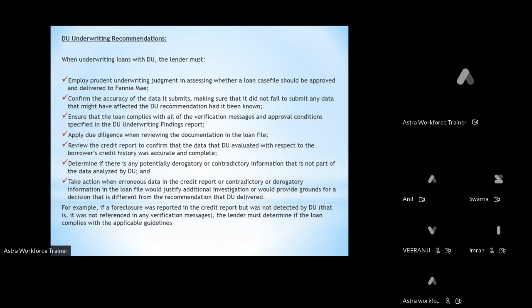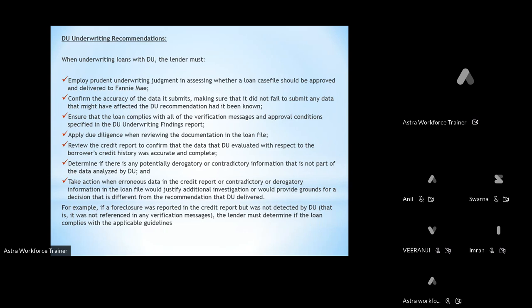That can be double checking, but for due diligence we need to have some strategy involved. For example, if DU is recommending one income but what we calculated manually comes out otherwise, we are not just trying to match the numbers.